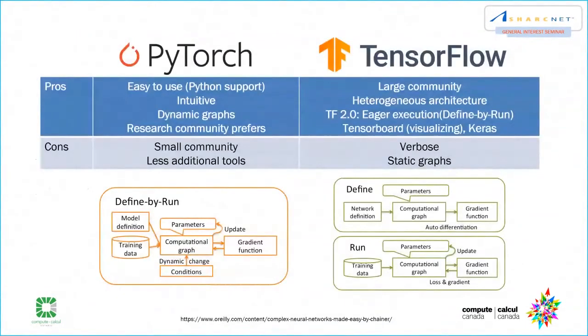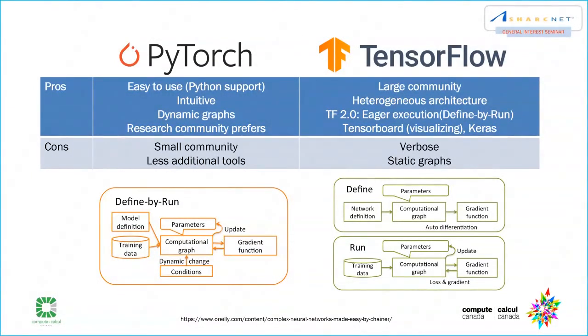Here is a quick comparison between PyTorch and TensorFlow. There are pros and cons: easy to use, large community. PyTorch is pretty intuitive, and the most important part is dynamic graphing, which is define-by-runtime programming.